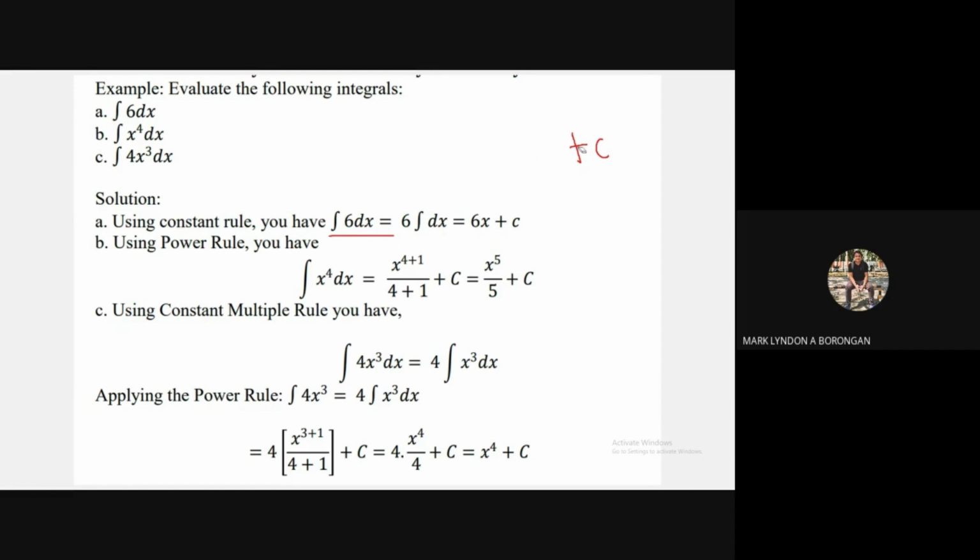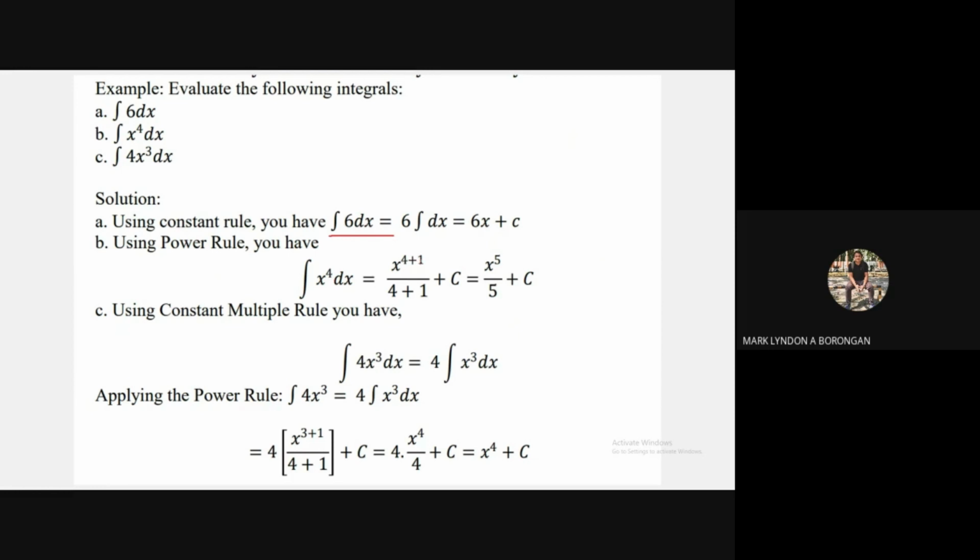Okay, next. We have the integral of x to the power of 4. The rule we will use here is the power rule. For the integral of x to the power of 4, all you have to do is add 1.